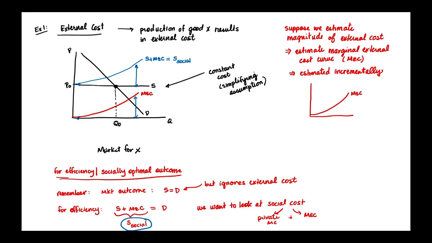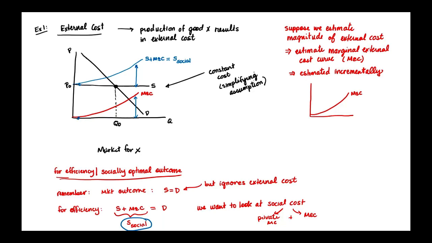Everybody with me? And do we understand, guys, that that social supply curve captures, look at what it captures. It captures private marginal cost. How does the social supply curve capture private marginal cost? Where does private marginal cost come from in this graph? The supply curve, right?